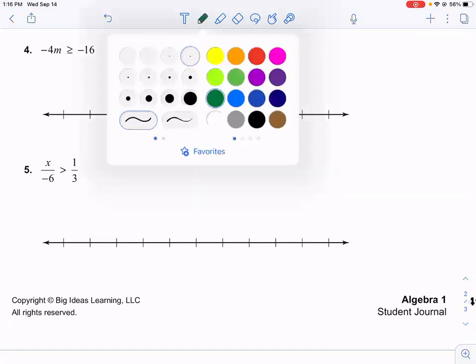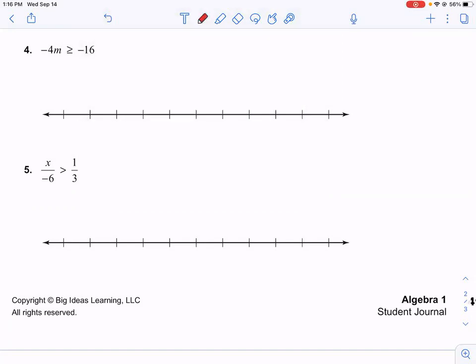Okay, let's talk about number 4 together. Nathan, what did you do to isolate M for number 4? Okay, Nathan says we needed to divide by negative 4. Well, if we're going to divide by a negative number, what happens to the sign? It flips. It becomes less than or equal to positive 4?